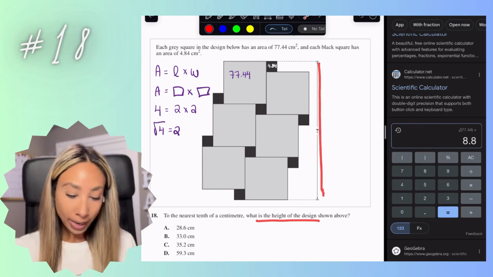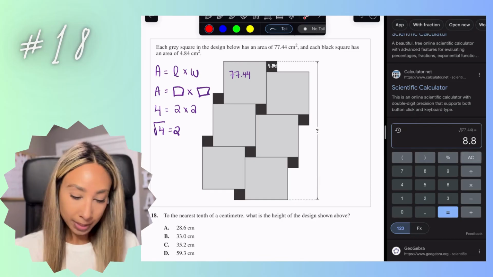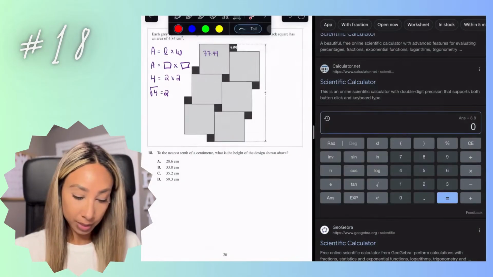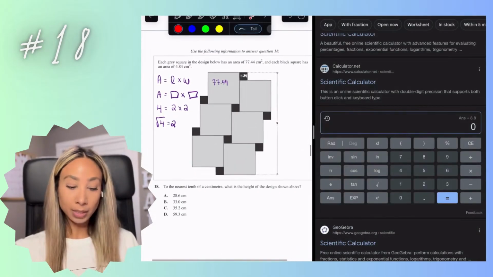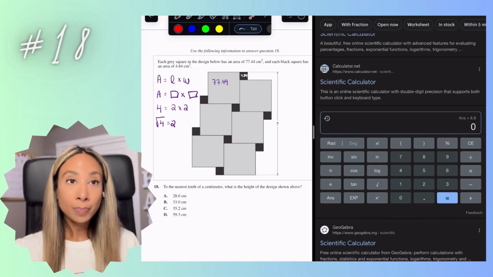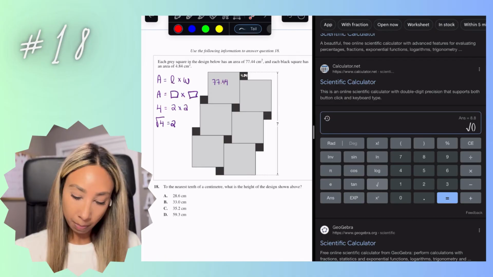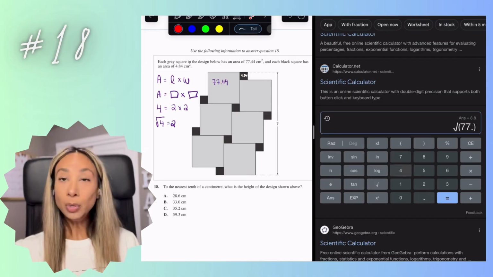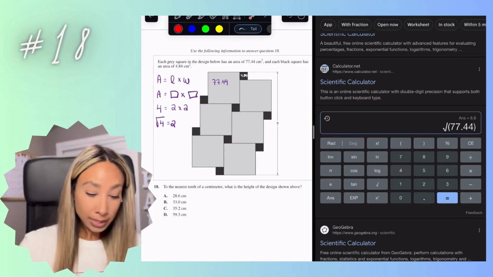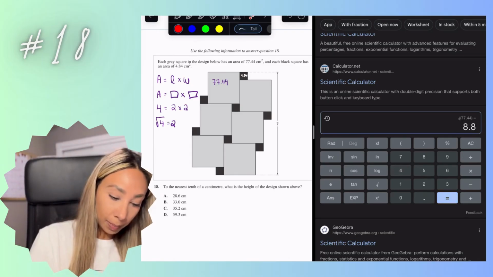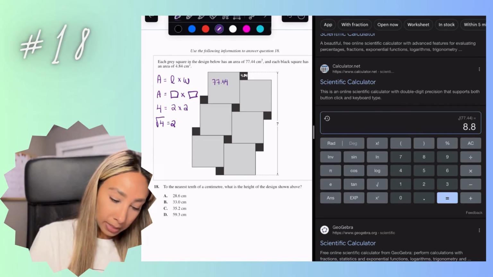So on the side, I pulled up a scientific calculator to show you how this works. I'm going to type in the square root of, I'll do the gray square first, 77.44. So I'm using that symbol there to figure out what the side length would be. That looks like, to me, the side length is going to be 8.8.